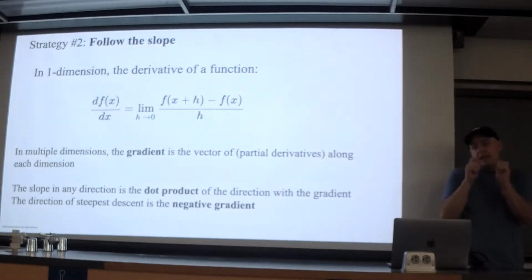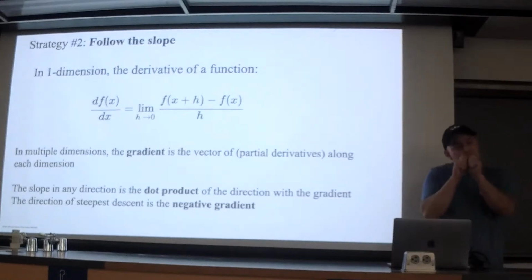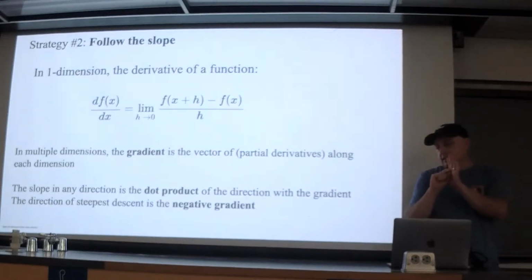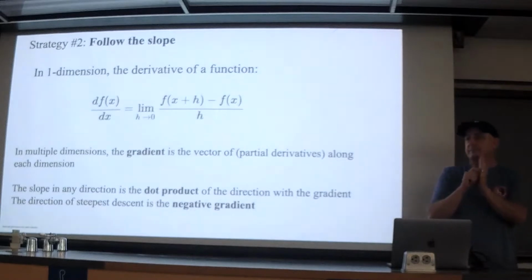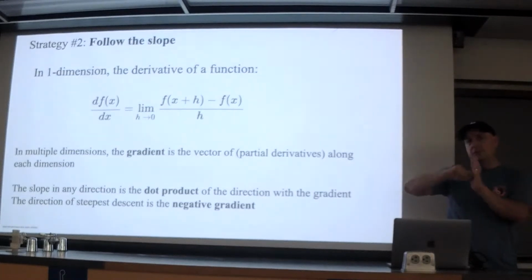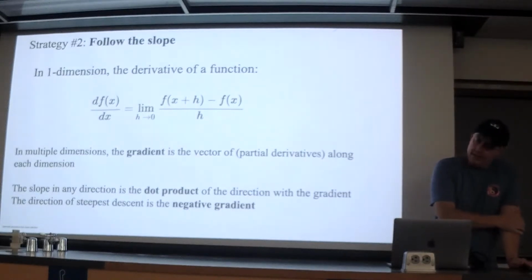It remains an approximation if I just stay really close to the point where I've calculated that tangent line. In particular, the sign of the slope has to do with what happens if I take a step in the positive direction. If the slope is positive, I'll expect my function to increase, and if my slope is negative, I expect my function to decrease. Okay, so this is the idea.